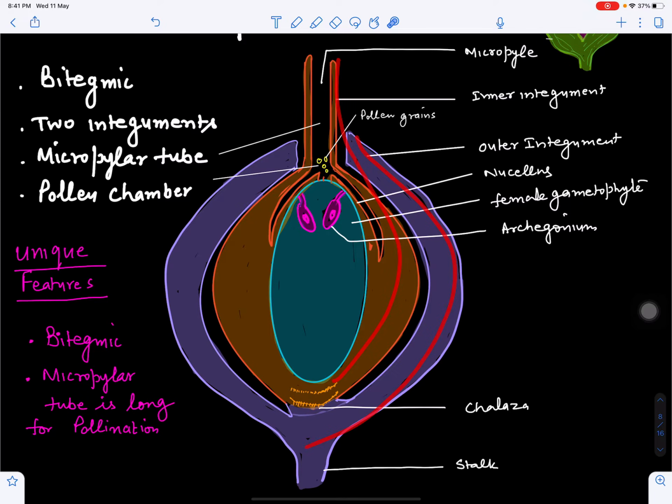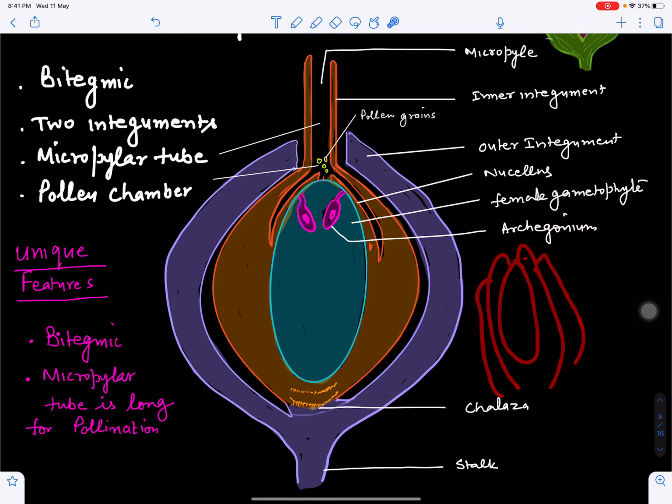So there are two integuments, so this is called bitegmic in nature. So it has unique features: the presence of two integuments, that is bitegmic, and a long micropylar tube. Now this part is called the micropyle. This is the nucellus, covered by integuments. This is the inner integument, and this is the outer integument, and this part is called the micropyle, where the integuments are not present.